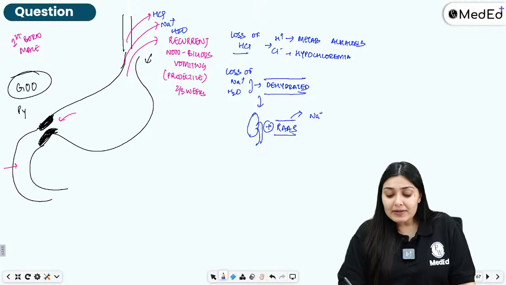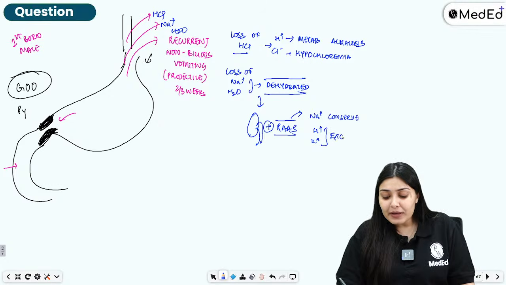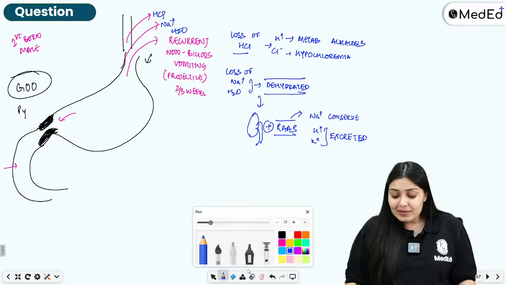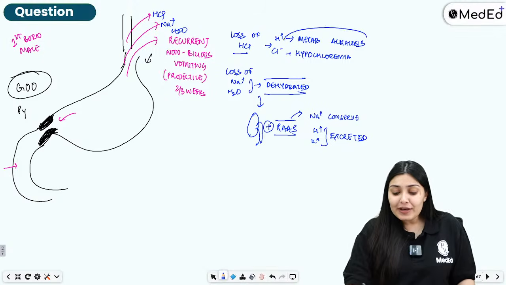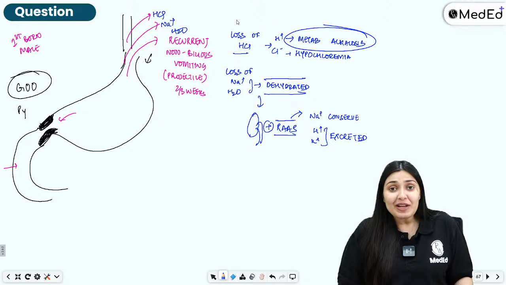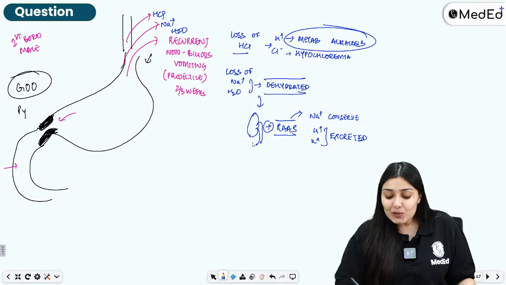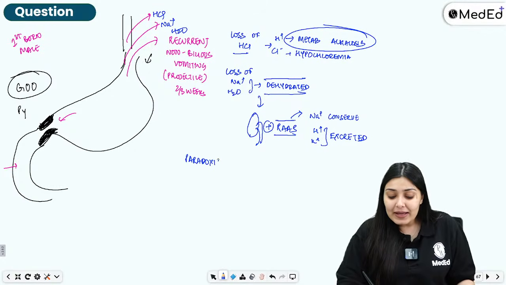There will be conservation of sodium and release of H+ and K+. H+ and K+ would be excreted. So my body is in alkalosis. My body should conserve H+, but my body is excreting H+. So that's why this is known as paradoxical aciduria.